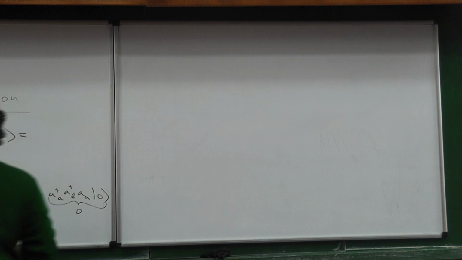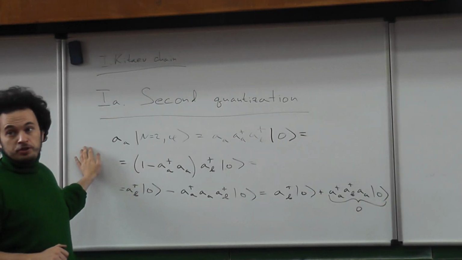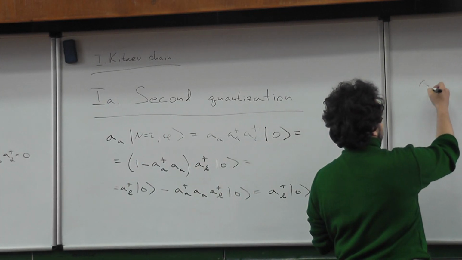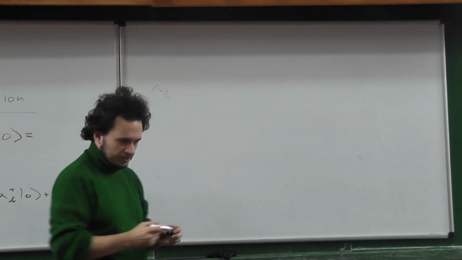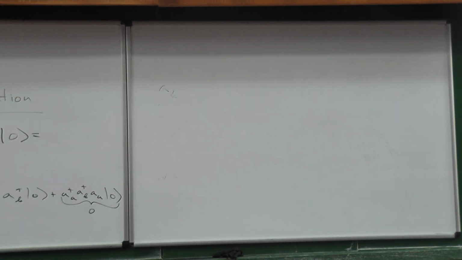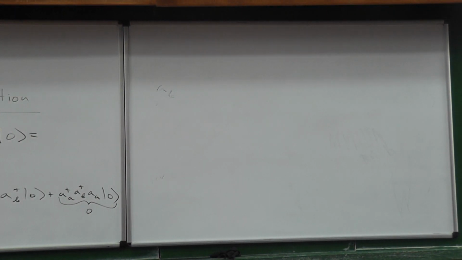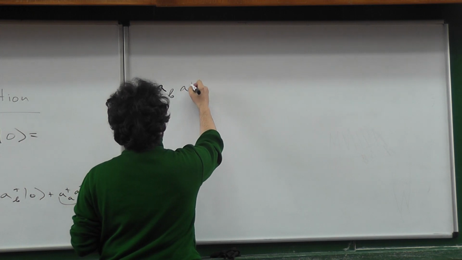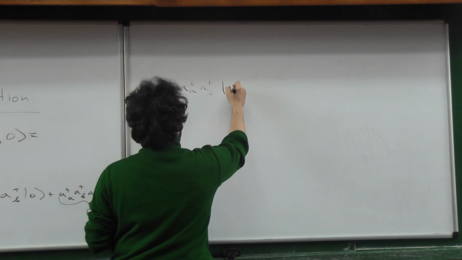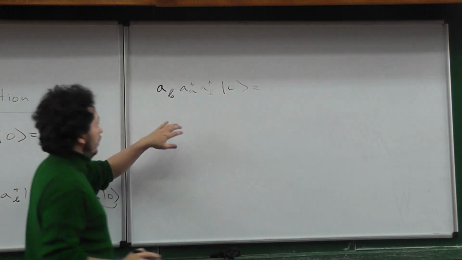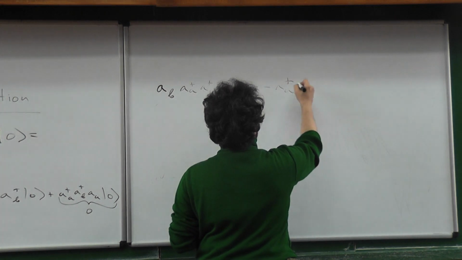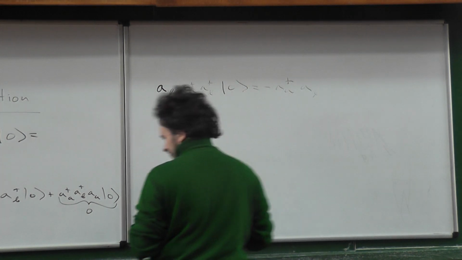What will happen now if I want to remove an electron at position B? Let's go and calculate. This is almost trivial, but there is one surprise. I know that these anti-commute, so this is minus A dagger A, A_B.